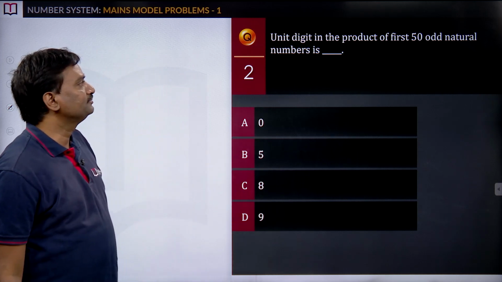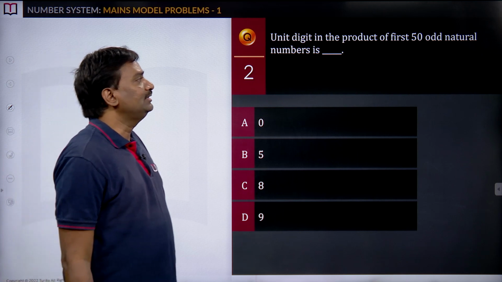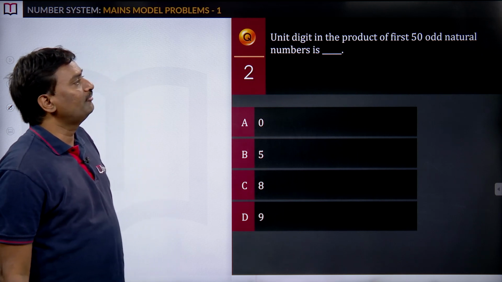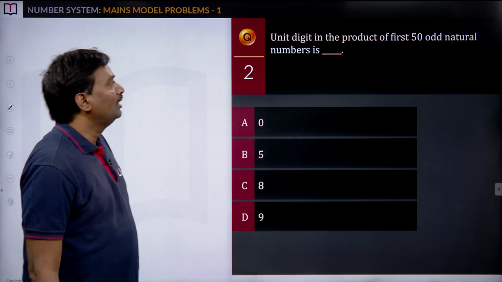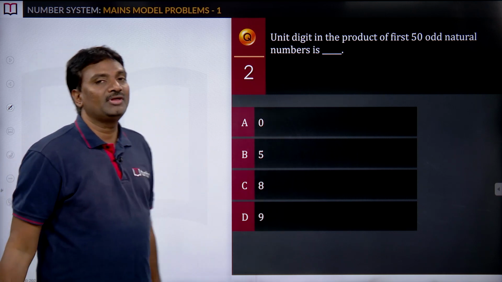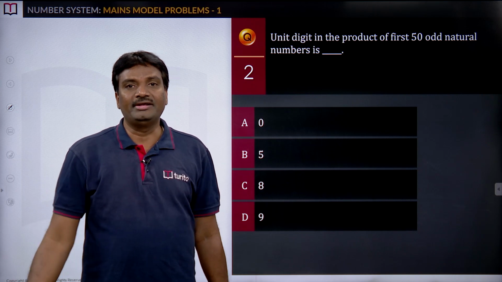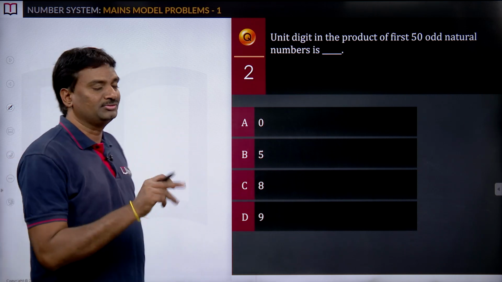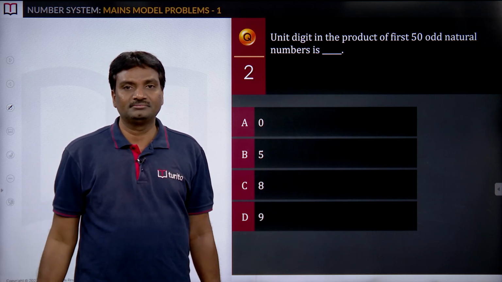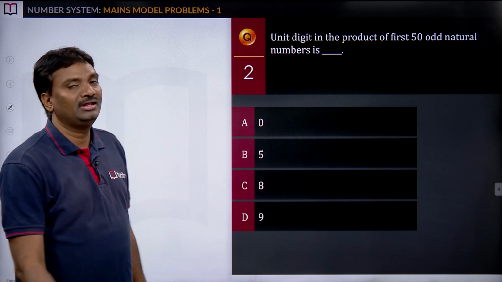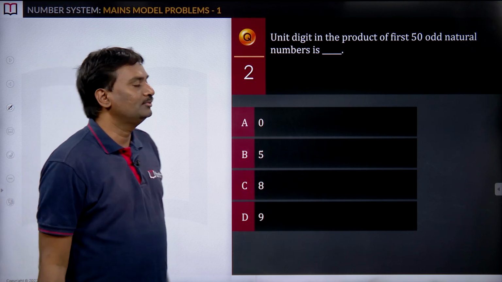Next problem. Unit digit in the product of first 50 odd natural numbers. If you take the first 50 odd natural numbers, that means 1, 3, 5, 7, 9, 11, 13, and so on.